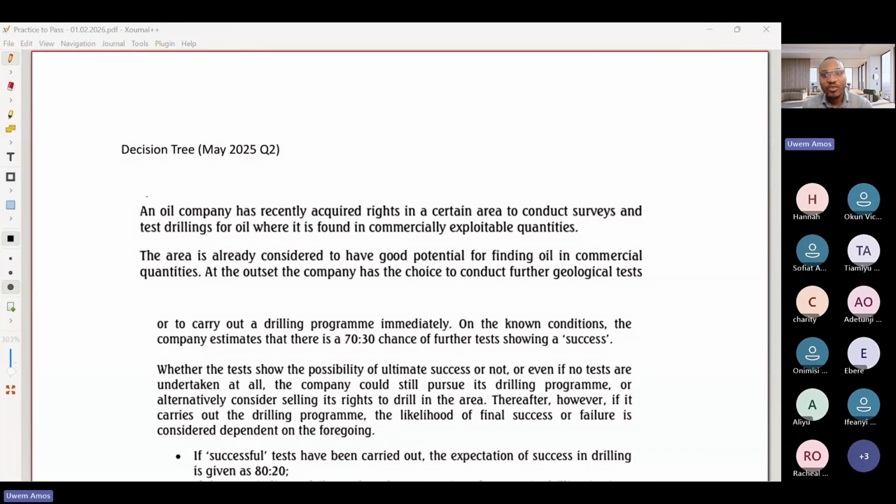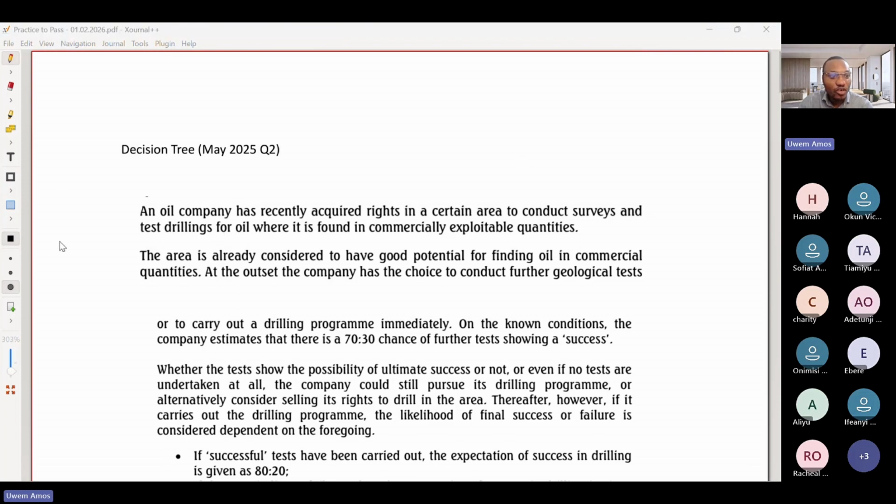Decision trees is one of those topics that it's important that students get to know for the SFM exams, because decisions are often linked with a number of uncertainty and a number of options. And as strategic financial managers, we should be able to evaluate those various options that are available to us to make the decision that is most beneficial to our organization.